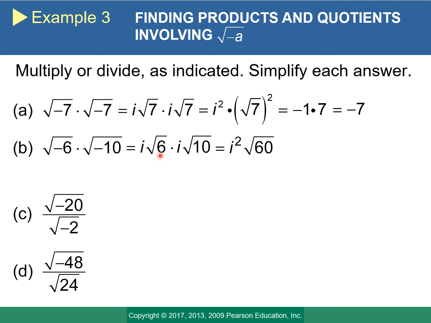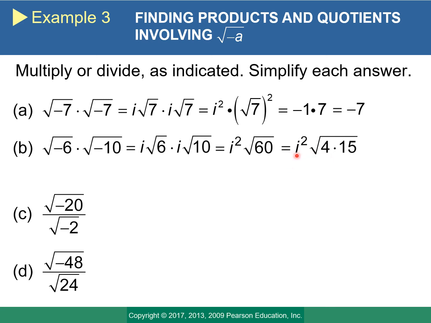Now, square root of 6 we didn't know, and square root of 10 we didn't know. We can't simplify either one of those, but when we combine them and make 60, we can simplify square root of 60. There is a perfect square that makes up 60, and it's 4. So 4 and 15 is the best way for you to break down 60, because we know the square root of 4. So we're going to start replacing.